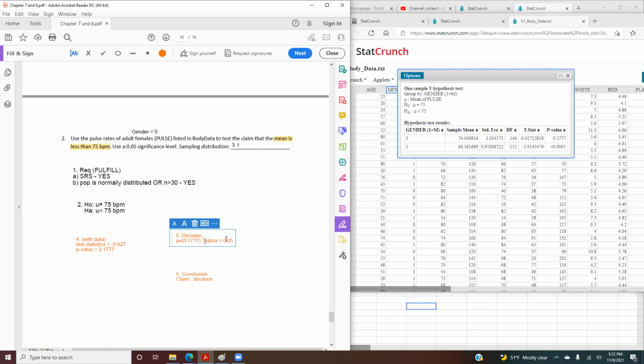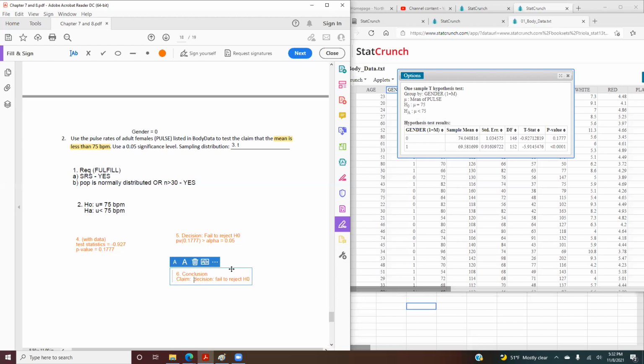Okay, that's good. The p-value in this case is greater than alpha, which is 5%. Because alpha is 5%, this number is greater than it. And yes, your decision is fail to reject the null hypothesis. This is a little bit different from the one that we always do.